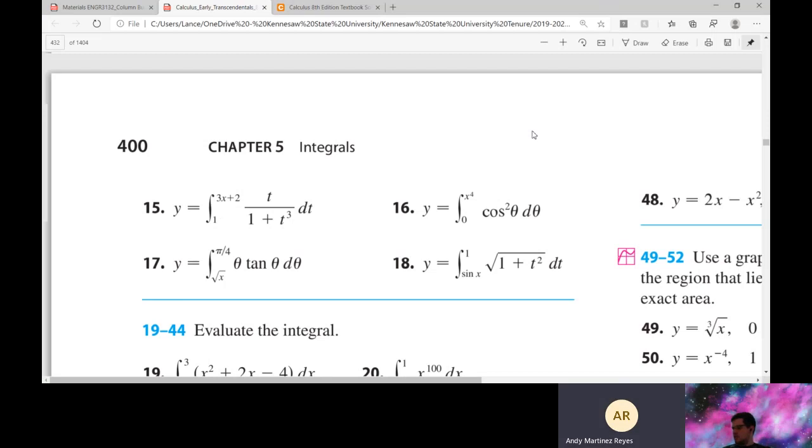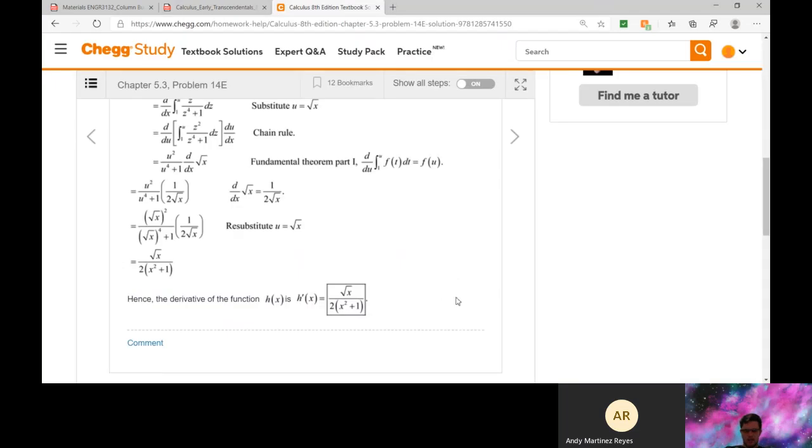Yeah. 3x plus 2 divided by 1 plus 3x plus 2 cubed times 3. Mm-hmm. So it'll be 9x plus 6.